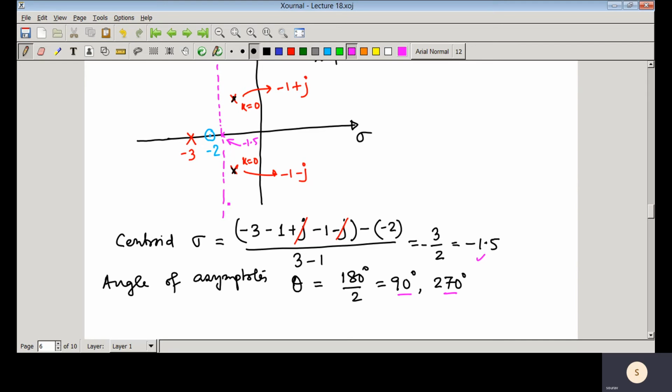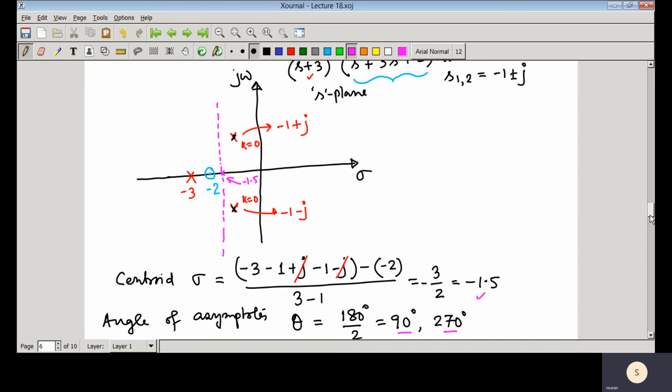So now we are interested to find the angle of departure. If we consider a point very close to this particular pole, and that particular point is on the root locus, it must satisfy the angle criteria.